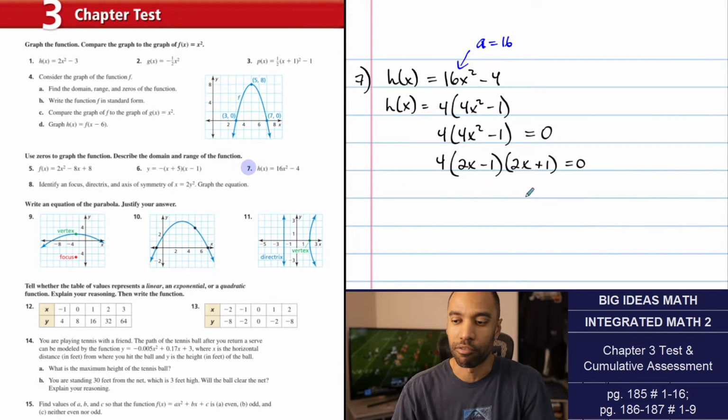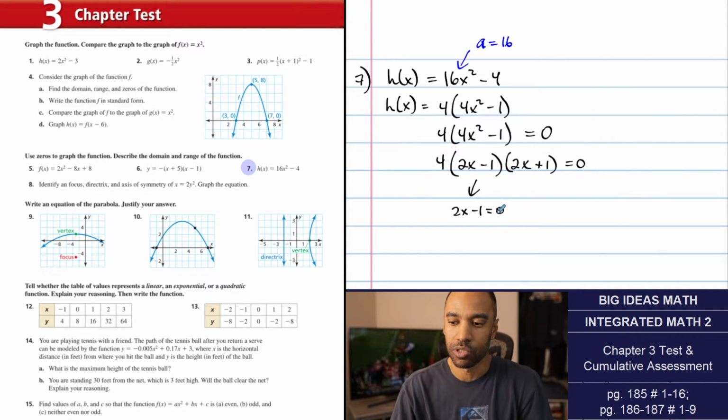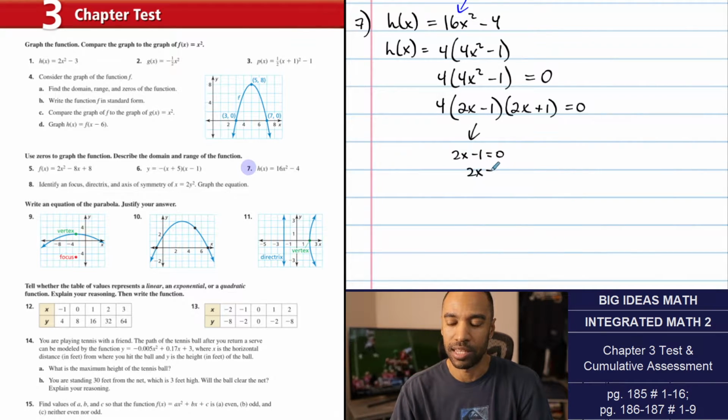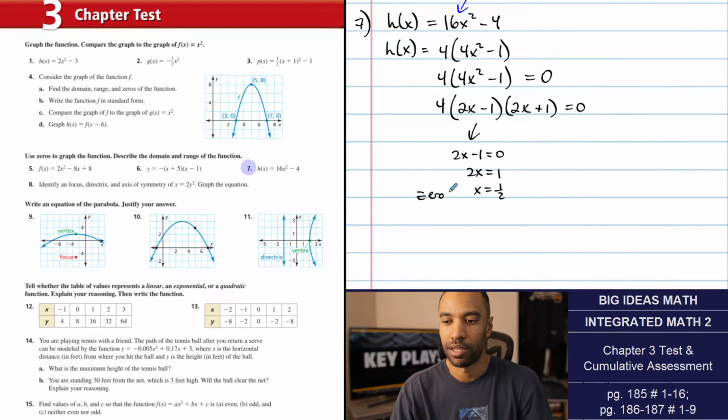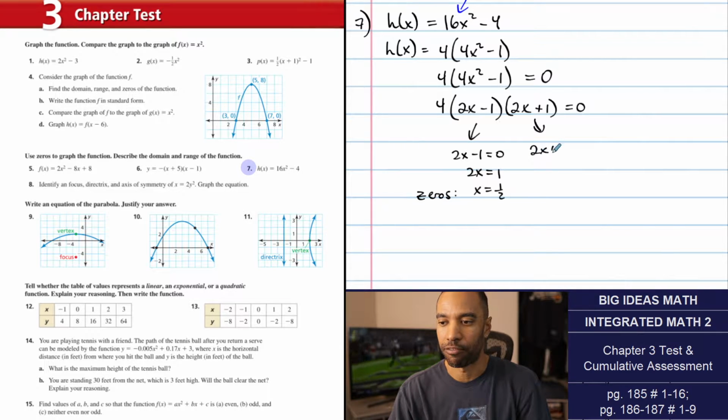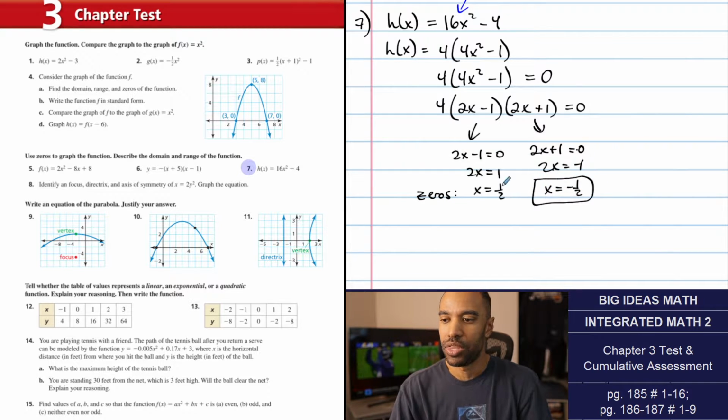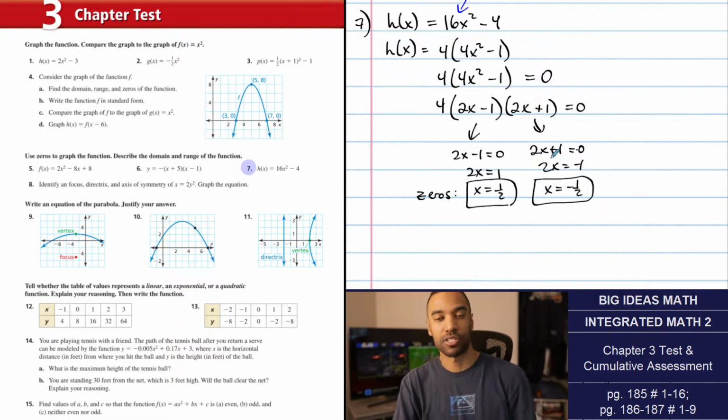This is where you can solve for these two zeros here. 2x minus 1 equals 0. You add 1 to both sides and divide both sides by 2. So 1/2 is one of the zeros. And it looks like -1/2 will be the other zero. So these are your x-intercepts.